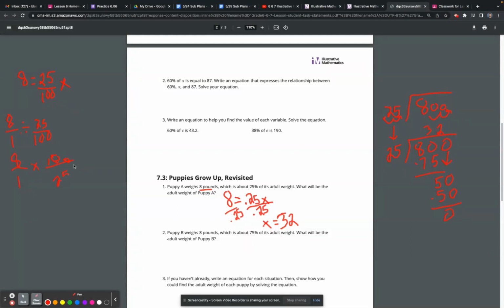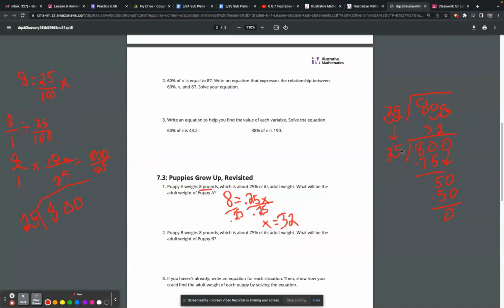And would you look at that? Once I multiply it across, I have 800 over 25, which means 800 divided by 25. And we just did that right over here. So it ends up turning out to be the same thing, just a different way that you go about doing it.